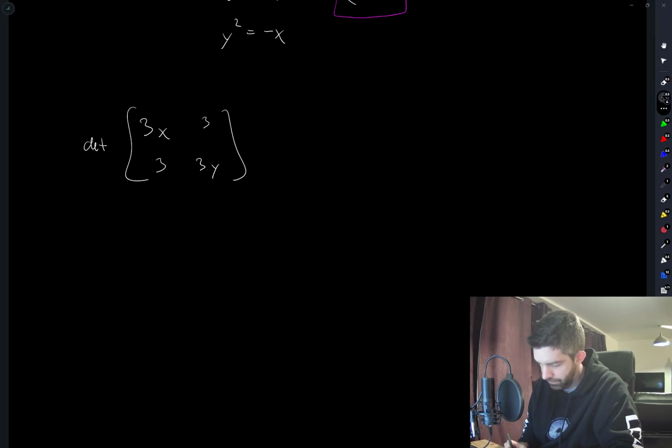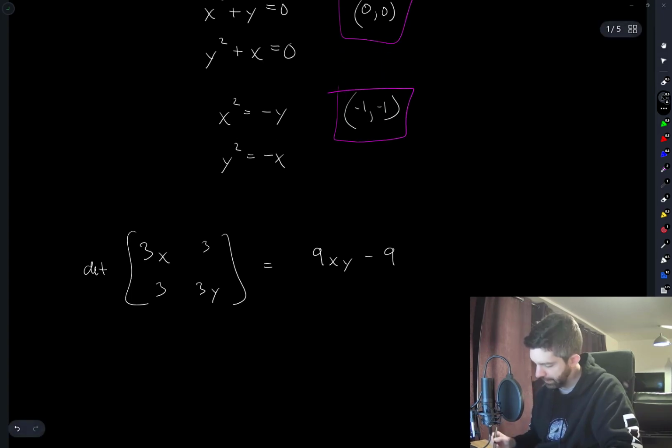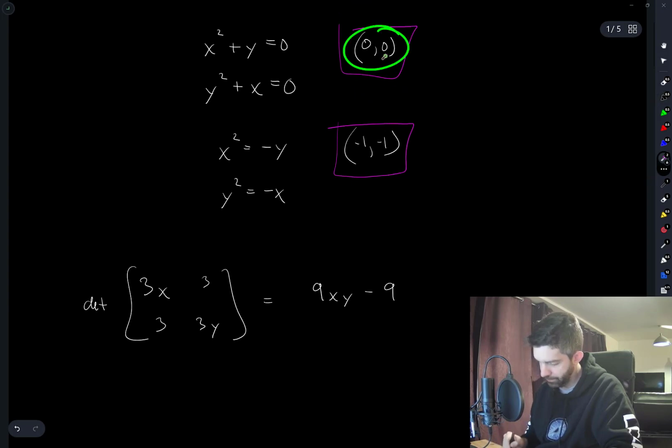So the matrix I need here is 6x, 3, 3, and 6y. I need to take a determinant of this, and that is 36xy minus 9. Okay, and then I need to substitute in my 2 points here.